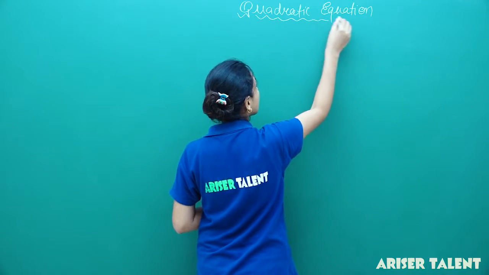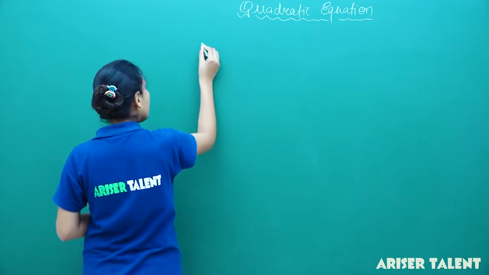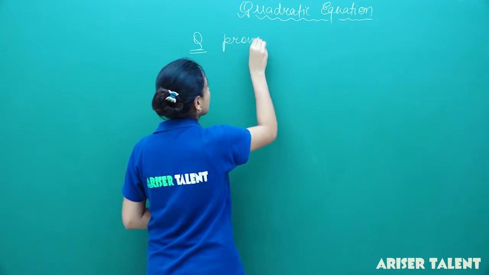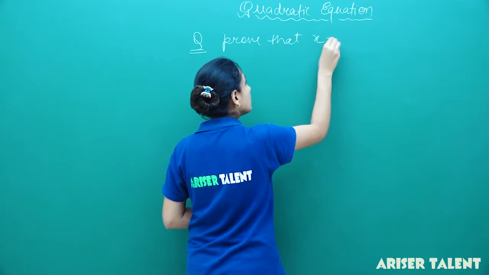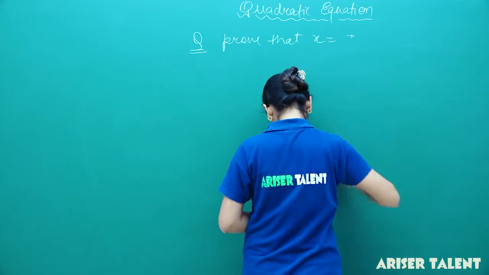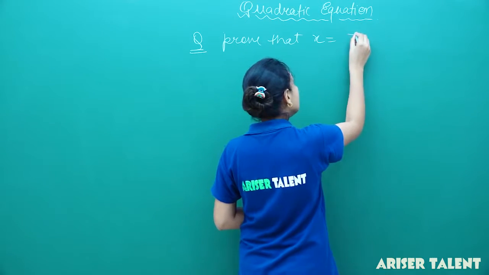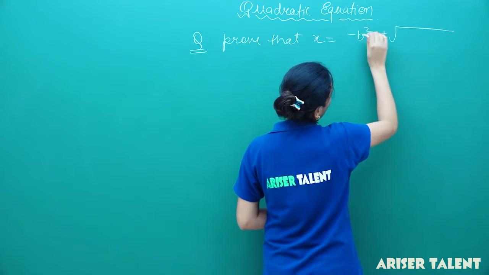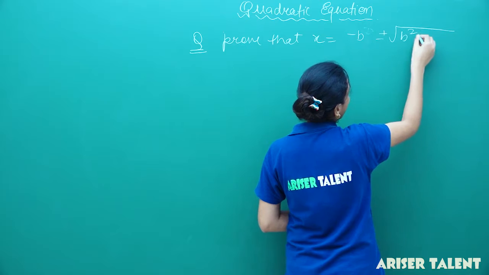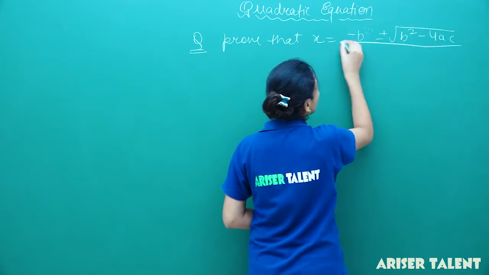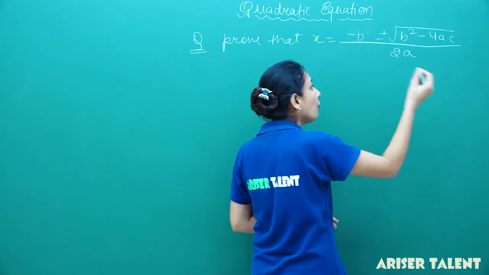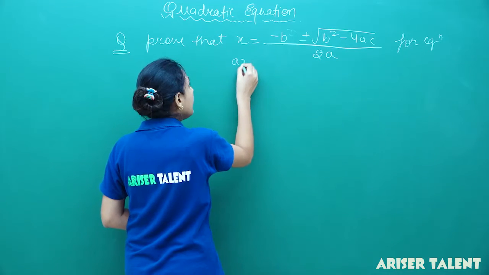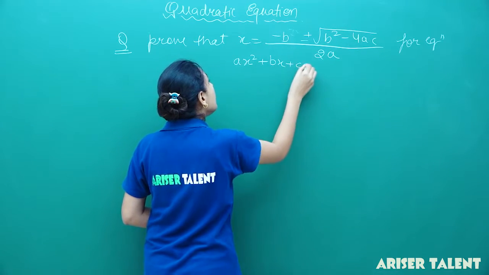Now students, what you're having is this question: prove that x equals minus b plus minus root of b square minus 4ac upon 2a, for the quadratic equation, the basic ax square plus bx plus c equals to 0.